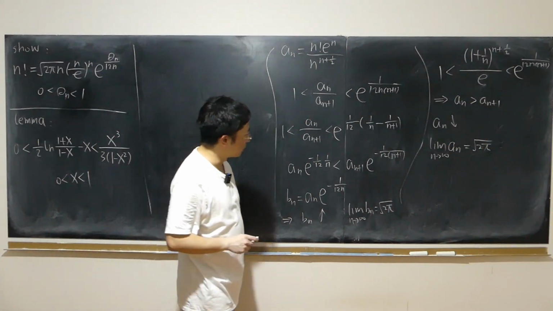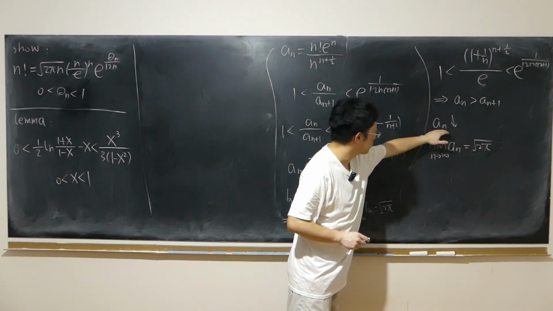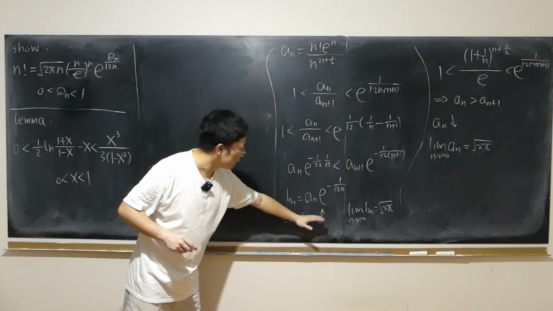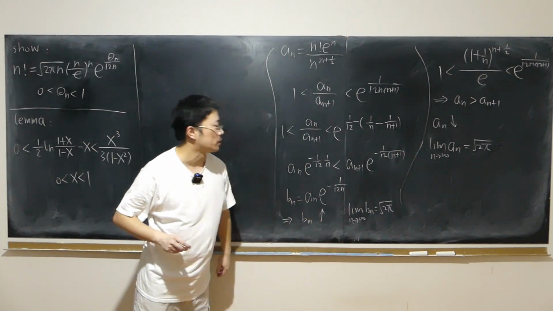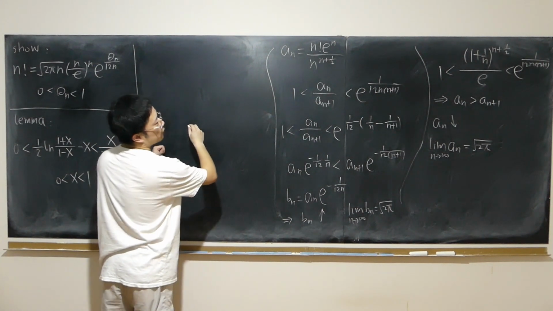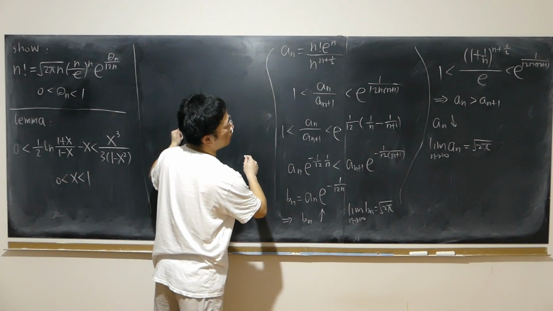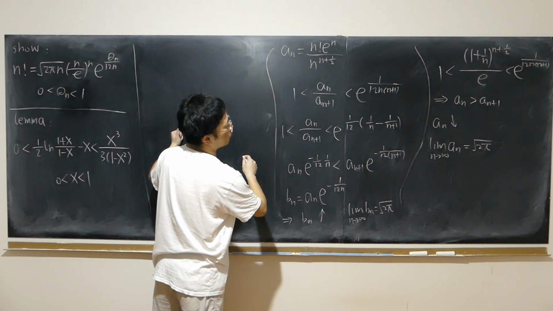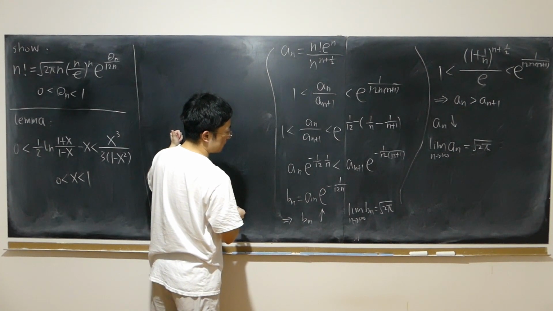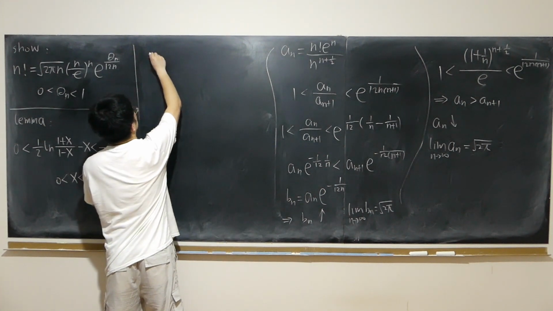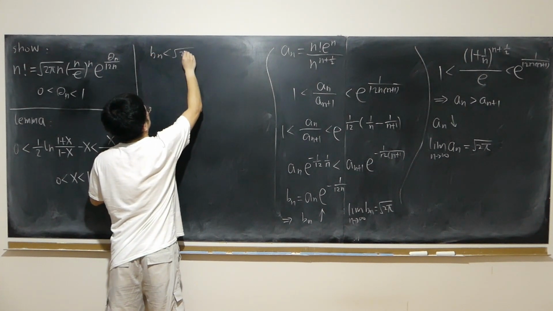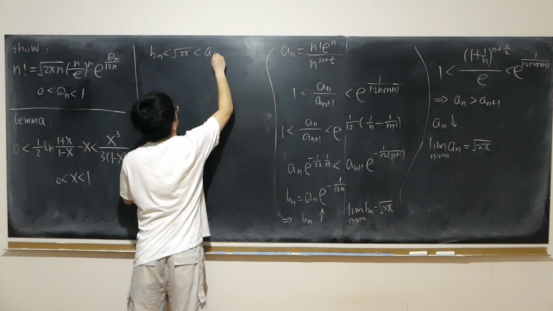So now we have two sequences. An is a sequence decreasingly approaching the square root of 2 pi, and bn increasingly approaching the same limit. Which means an has to be bigger than the limit, and bn has to be smaller than the limit.